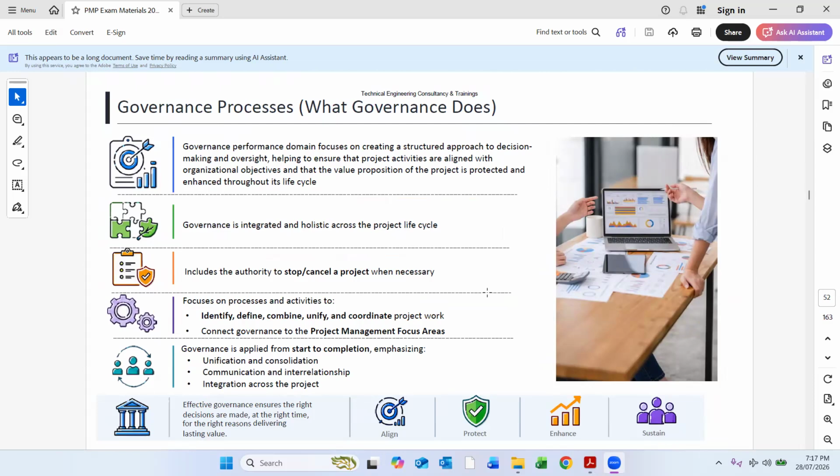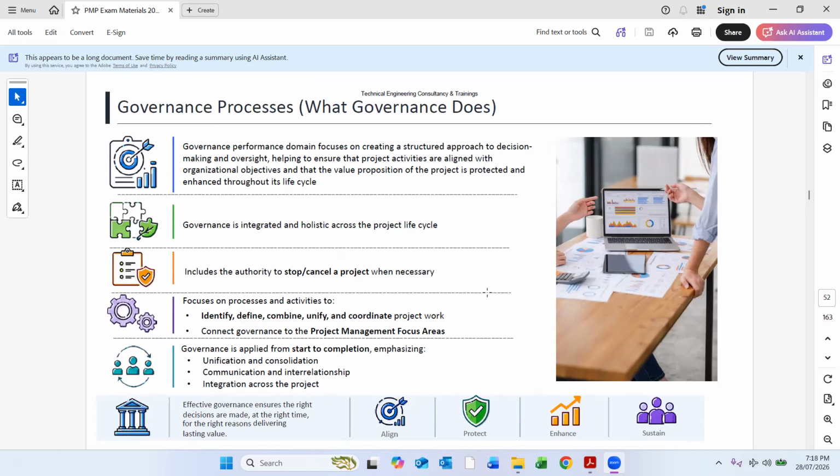Governance is applied from start to completion. There should be unification, communication, and interrelationship, and there should be integration across the project. So you are looking at the project as a holistic view, but you are also integrating across the project at each discipline.